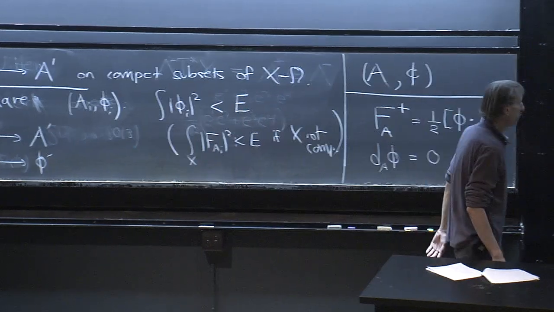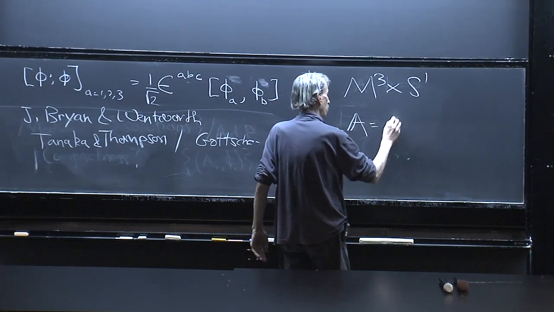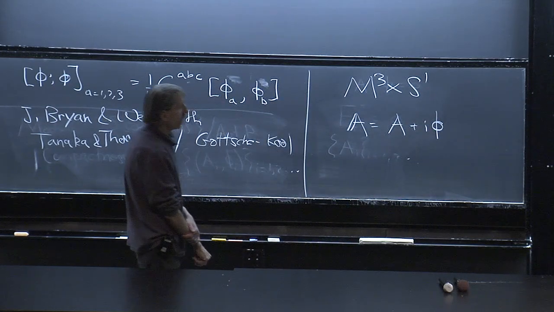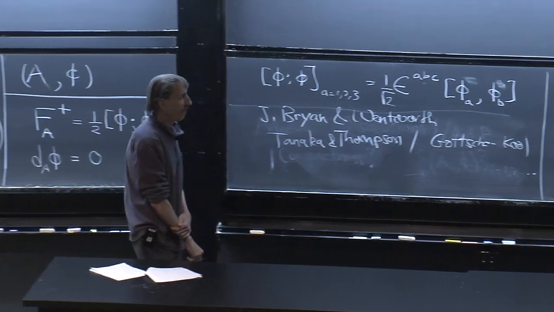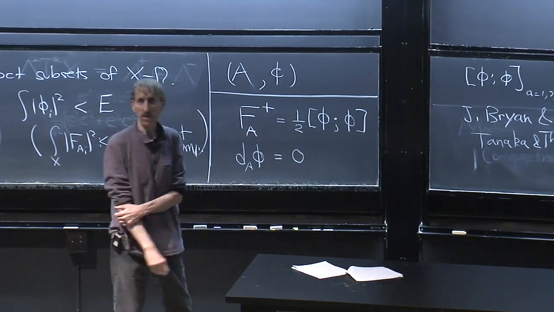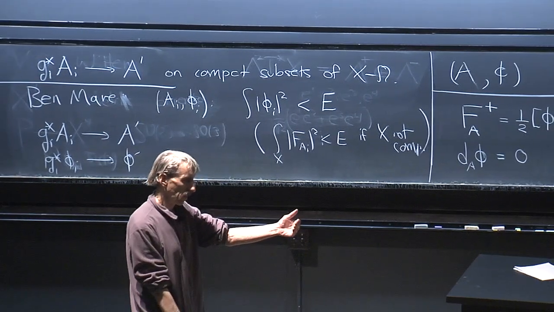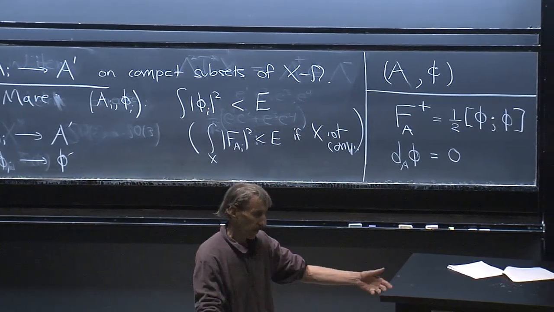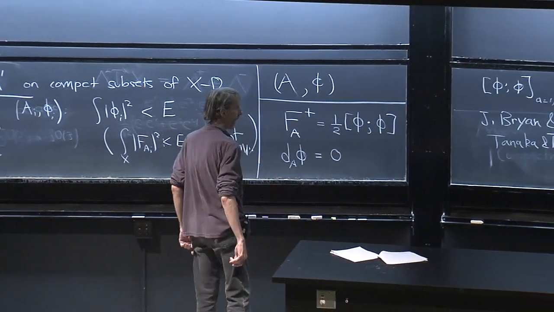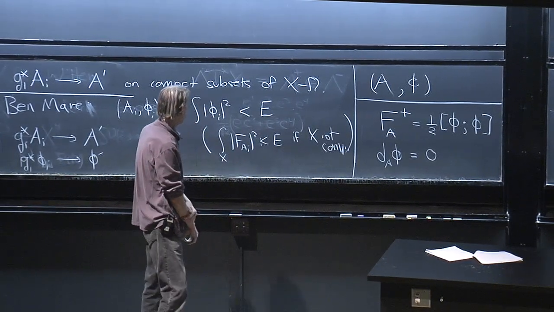So basically you look at an SL2C connection, which is A plus i times phi. So think of phi as a one-form. If that's an SL2C connection, these equations say it's a flat SL2C connection. And of course we know that there are sequences of SL2C connections that don't converge. The SL2C moduli spaces on three-manifolds often aren't compact. So we know we have to deal with this problem.